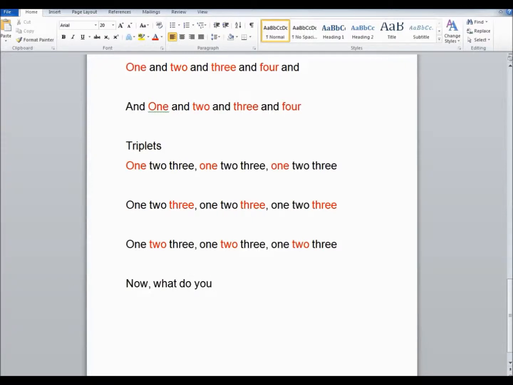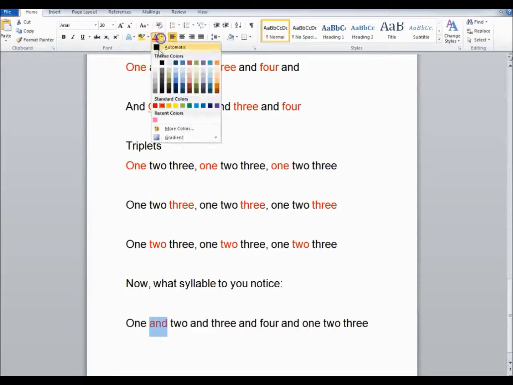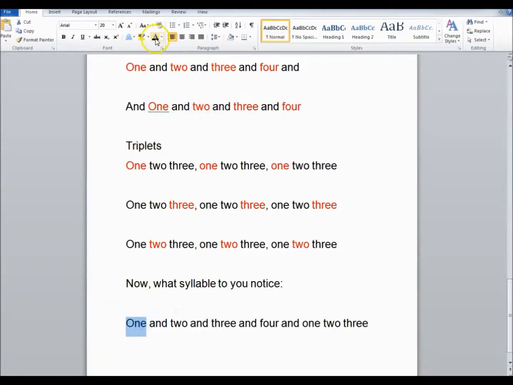The use of regular rhythm in a poem does aid in memorization, but far more important, it allows the poet to set up expectations and then shatter them. So what do you notice in this line? 1 and 2 and 3 and 4 and 1, 2, 3, 1 and 2 and 3 and 4 and.